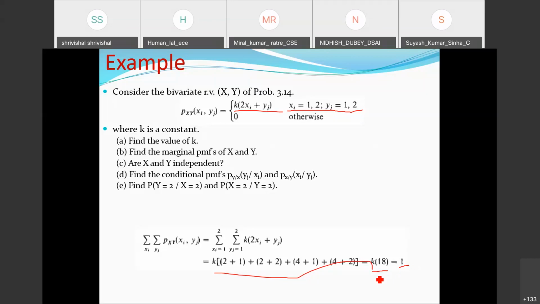So this is the question for you all. What is the marginal PMF of x and y?